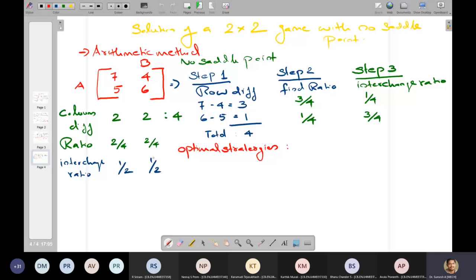Once you have the strategies for both players, you have to find the value of the game.